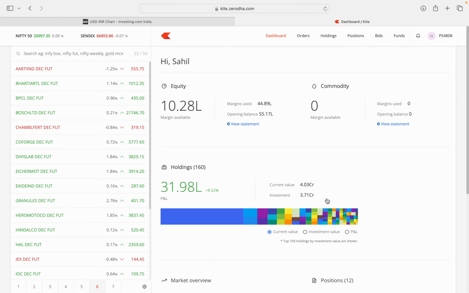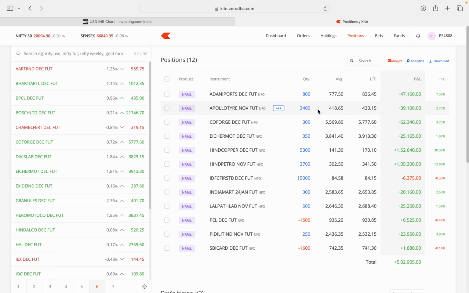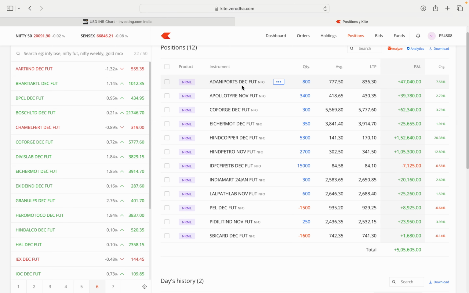So here, once we log into the futures positions, you can basically see that I have a total of 12 positions created. I will just go through them. We have long on Adani Ports for December series, which means the rollover for this is already done.